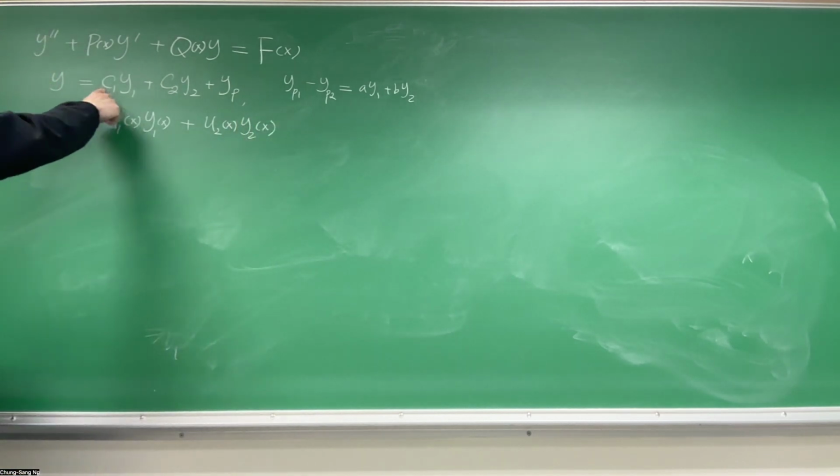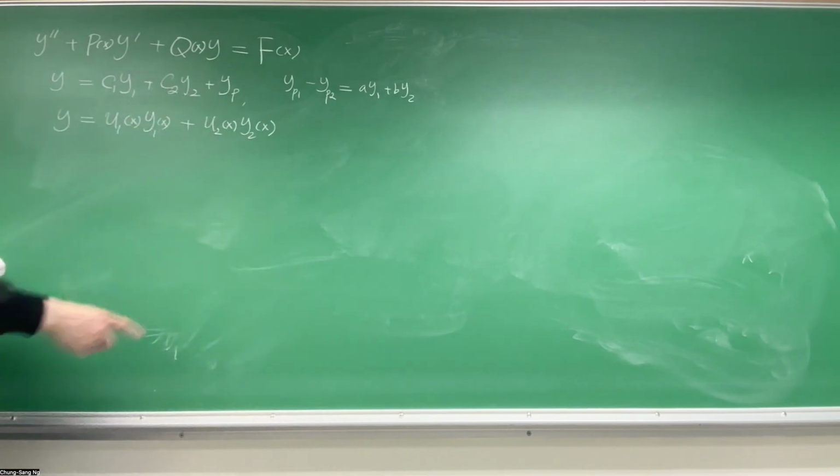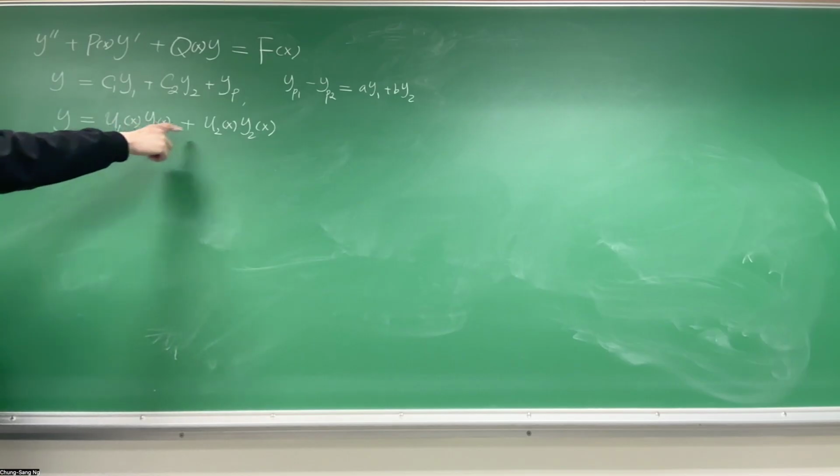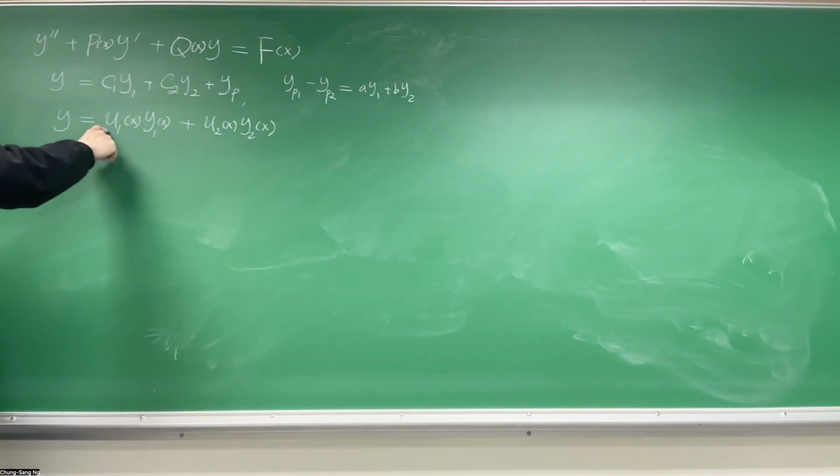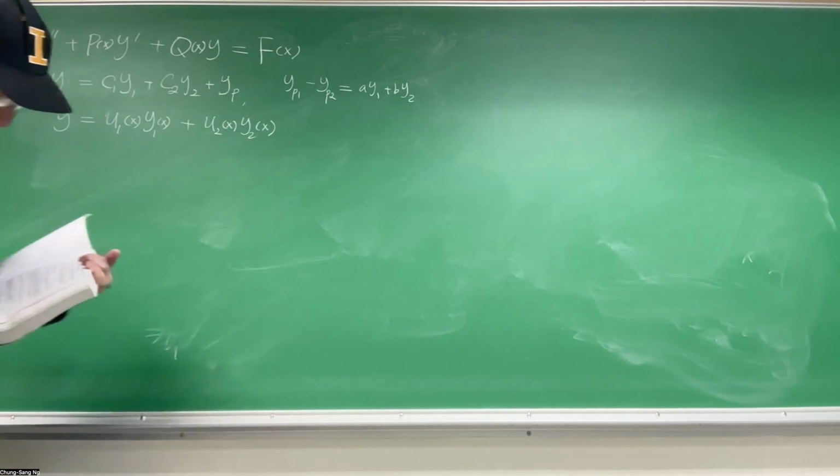So instead of multiplying by constants, we multiply by functions u sub 1 and u sub 2.